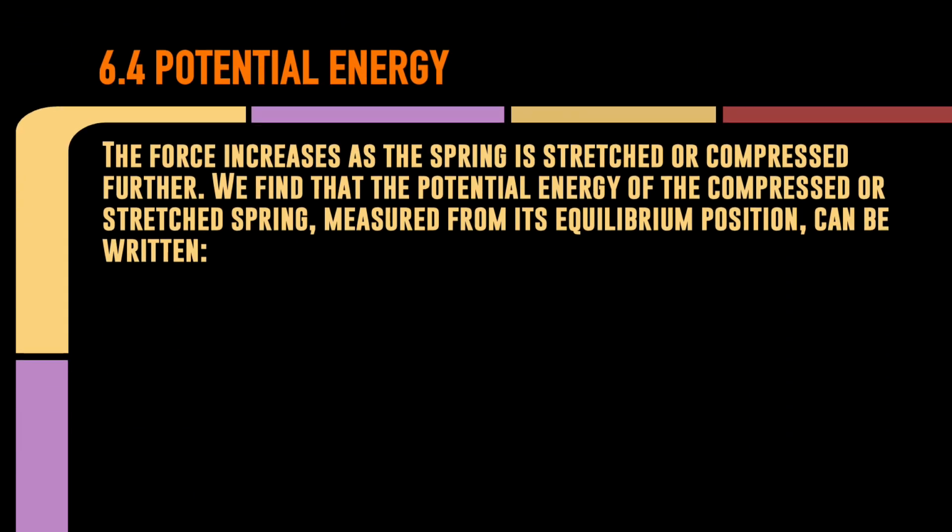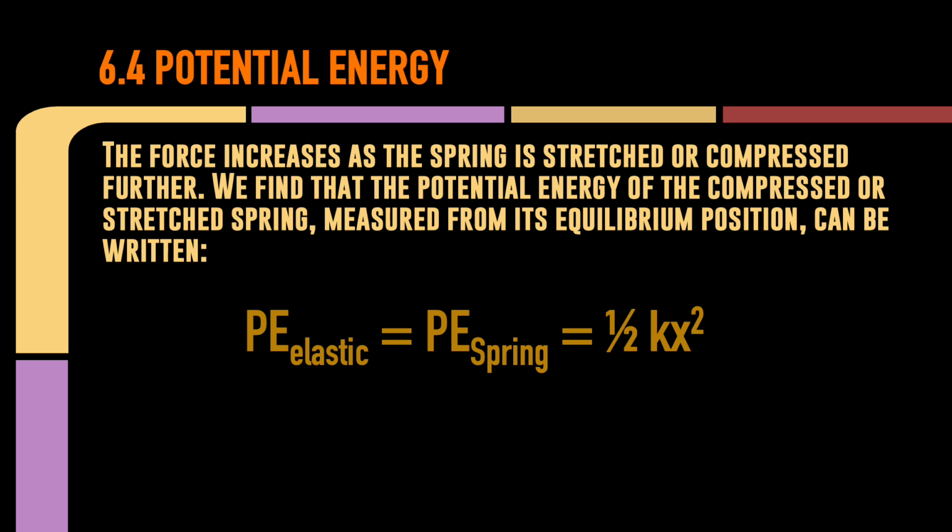As the force increases, the spring is stretched or compressed further. We find the potential energy of the compressed or stretched spring can be written as such. So we'll see potential energy due to the elasticity, or PE sub spring, is defined as 1/2 kx squared. So we have two kinds of potential energy.